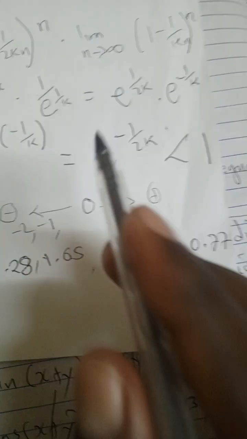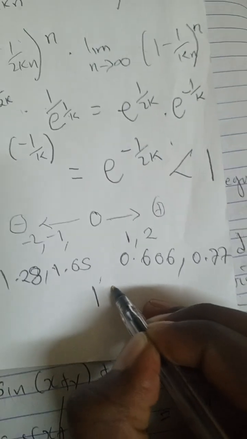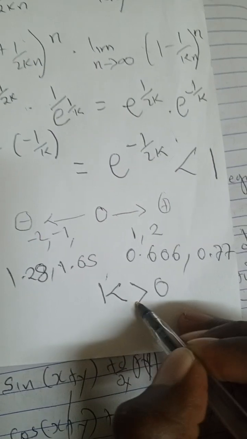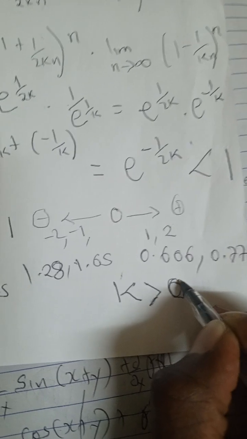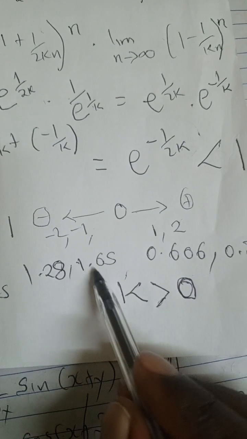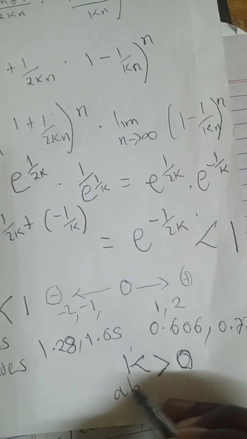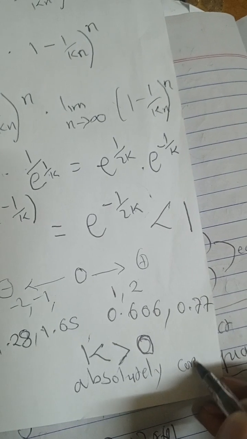So for this series to be absolutely convergent, it has to be when k is greater than 0, meaning when we are plugging in positive terms. These are the conditions which are going to make the actual series we are looking at absolutely convergent.